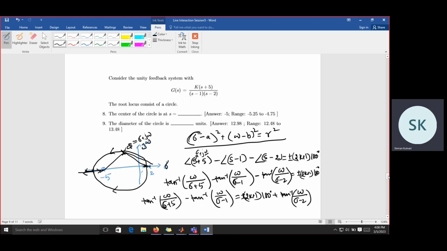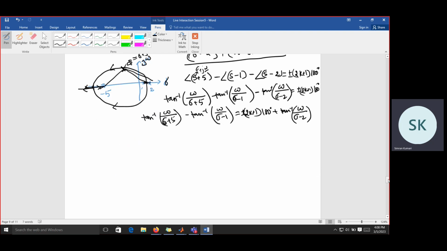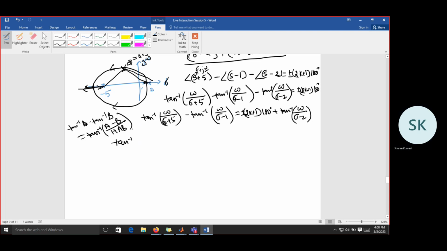So tan inverse A minus tan inverse B, we can simplify this. We can write it as tan inverse (A minus B) by (1 plus AB).